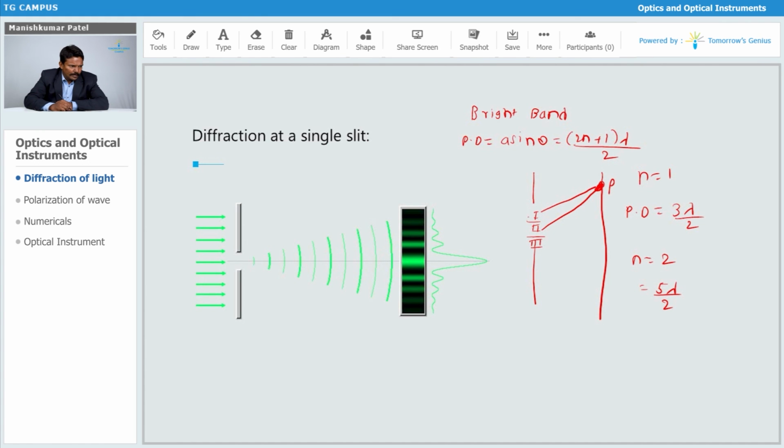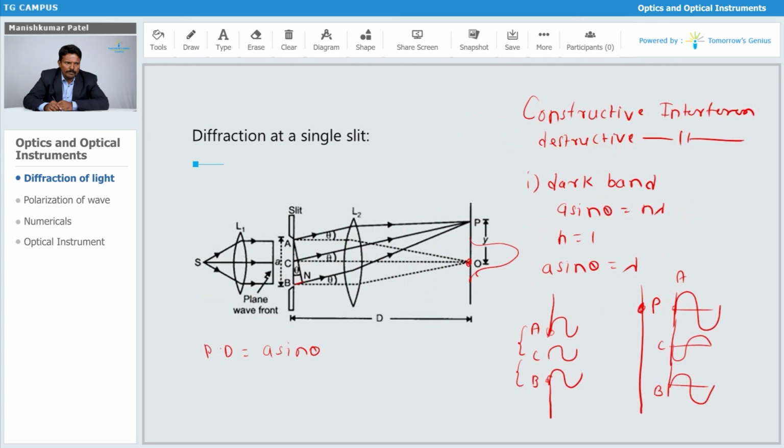One more thing that we can calculate for this particular case. This sine theta you can write as y upon D, and the path difference which we have calculated, a sine theta, is equal to lambda.